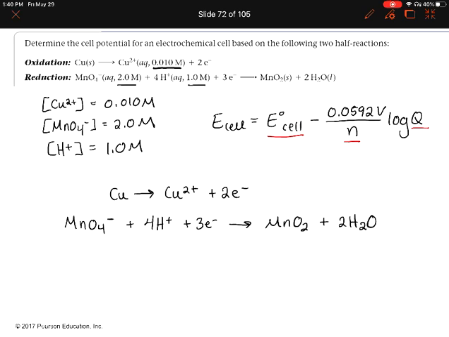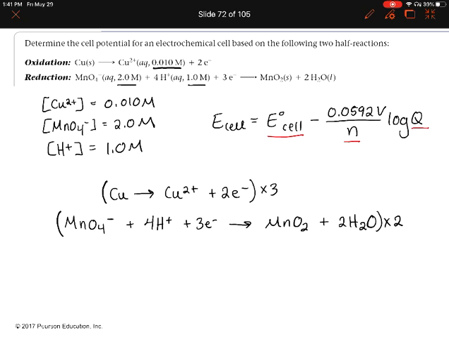Okay, so it looks like in the oxidation half reaction, there are 2 electrons that are lost, and in the reduction half reaction, there are 3 electrons that are gained. So those don't equal each other, so we'll need to multiply. Let's see, so it looks like we have to multiply the first reaction by 3 and the second reaction by 2, and that will give us 6 electrons for both.